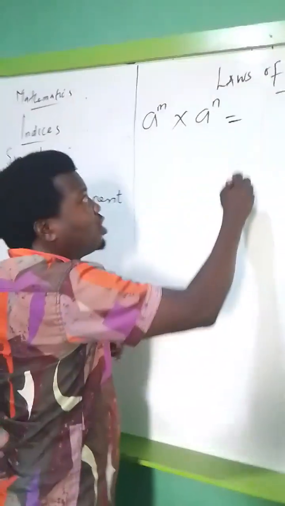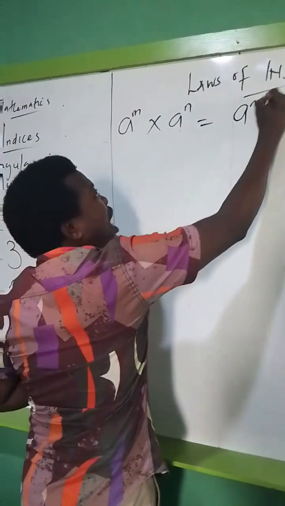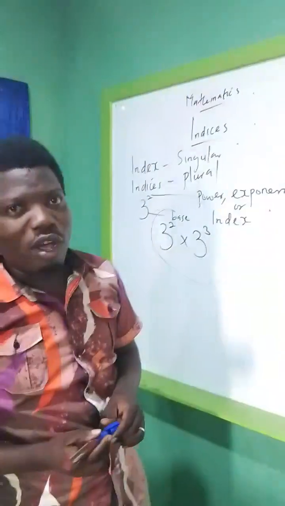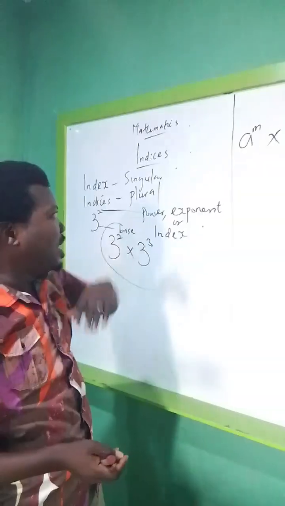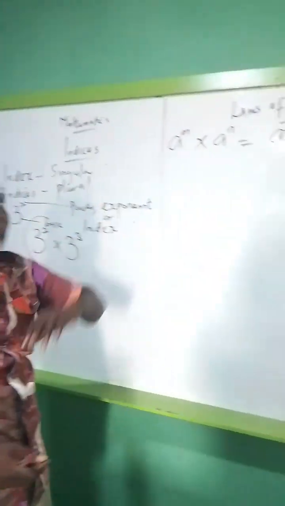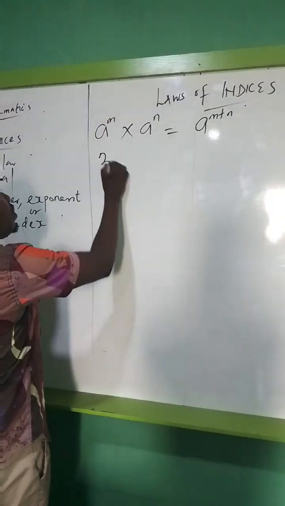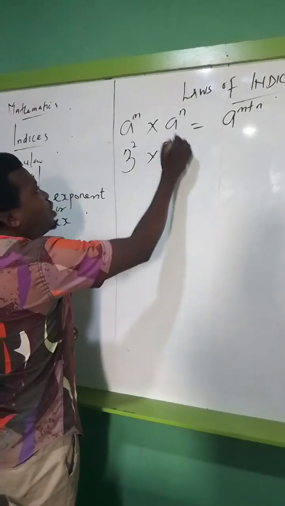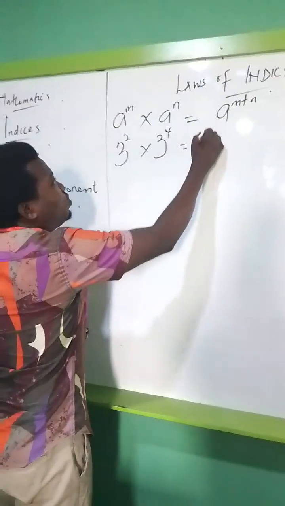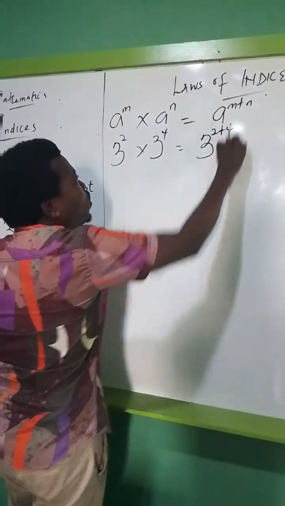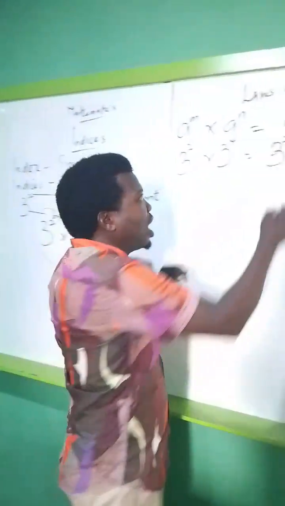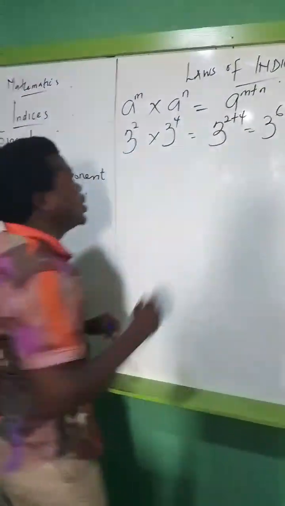Law of indices says, when they have equal base, you add the powers together. You add the exponents together. Take for example, 3 raised to the power of 2 times 3 raised to the power of 4, that will be 3 raised to the power of 2 plus 4. You pick one of the base, and that will be 3 raised to the power of 6.